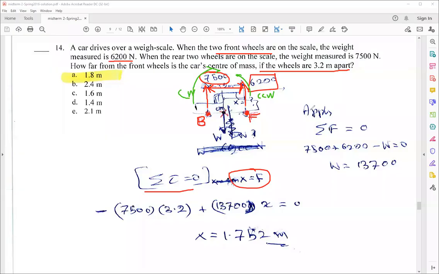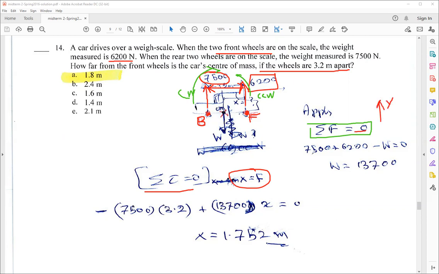One thing I forgot to mention is we also need the weight of the car, because we're looking for how far the car's center of mass is from the front wheels. If the wheels are 3.2 apart, we still need the total weight of the car. So I apply that the net force acting on the car is equal to 0, because the car is not moving upward, along the y-axis.